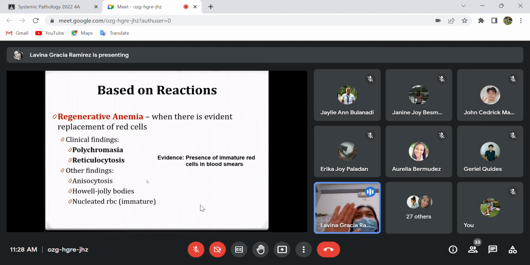Continuous regenerative anemia could lead to non-regenerative anemia because of exhaustion. That means the bone marrow is unable to perform because of continuous exposure to the possible conditions, so the generation can be affected.